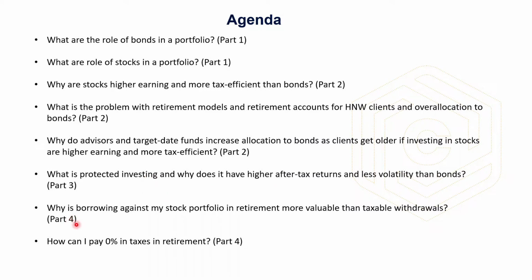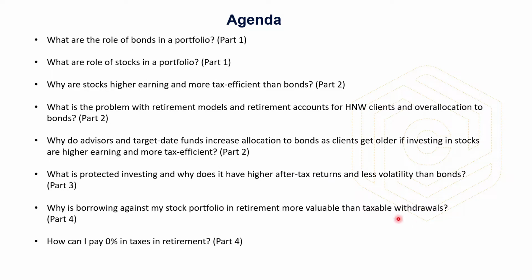And part 4 is probably the most interesting part of the presentation and something that everyone should be utilizing: why is borrowing against my stock portfolio in retirement more valuable than taxable withdrawals? And so this is going to be a key element because if you're looking to retire early or maximize the wealth you pass on to beneficiaries, this is a key component because the traditional retirement model of over allocating to bonds lowers returns, increases taxes.